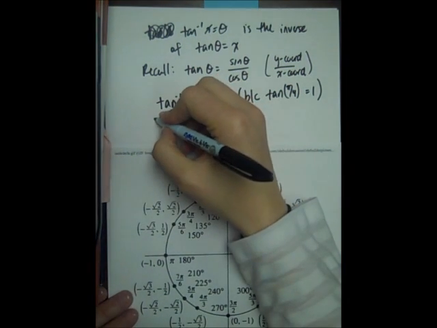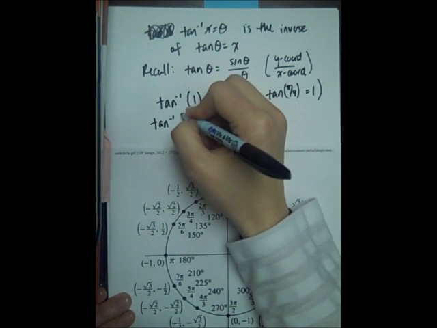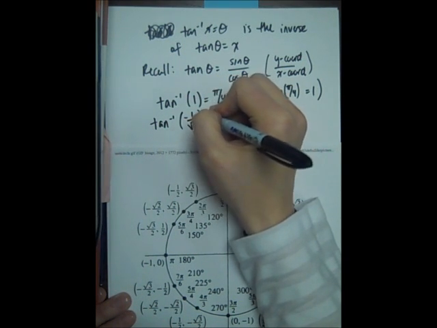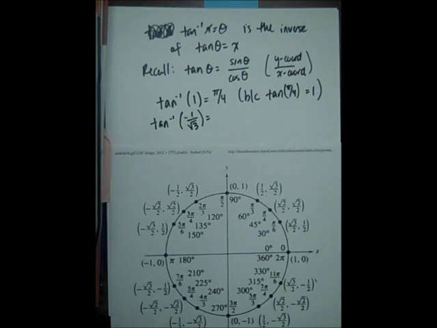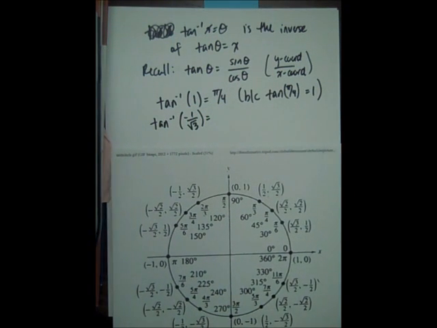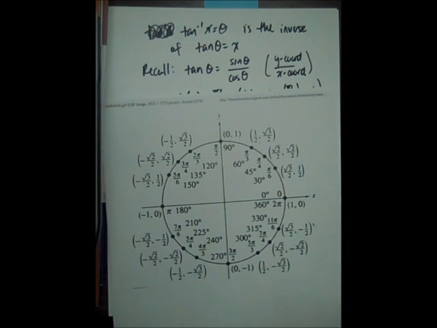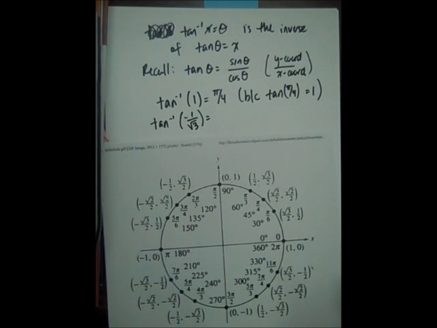Okay, and then lastly, let's look at tangent inverse of negative 1 over square root of 3. For tangent inverse, we look at the right-hand side. I want the y-coordinate divided by the x-coordinate to be negative 1 over the square root of 3. Can we see anywhere where that happens?